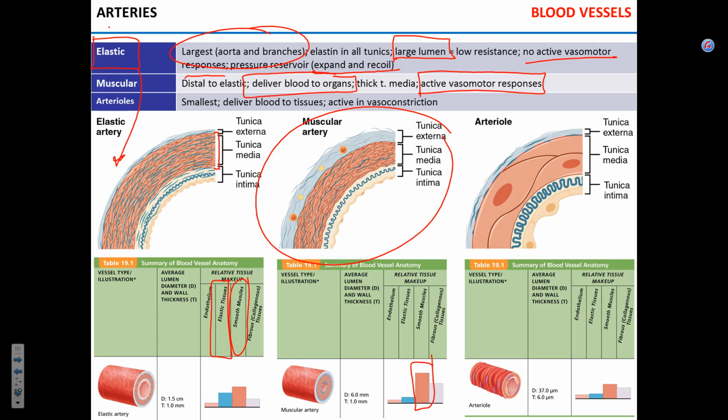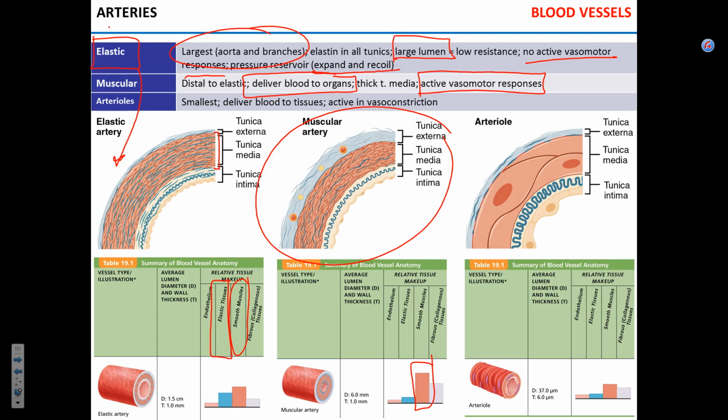Is that understood? So for instance, renal arteries can constrict and dilate, regulating the blood flow to the kidneys. Are we clear?